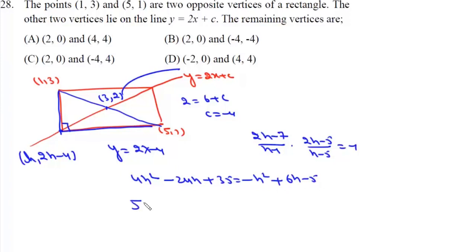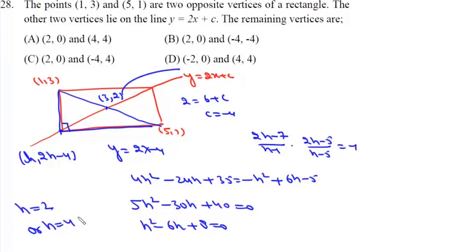Now we can write this as 5h square minus 30h plus 40 equals 0, or h square minus 6h plus 8 equals 0. So value of h is either 2 or 4. Now if we take h as 2, we get one of the points as (2, 0), and if we take h as 4, we'll get this as (4, 4), and that's your option A.